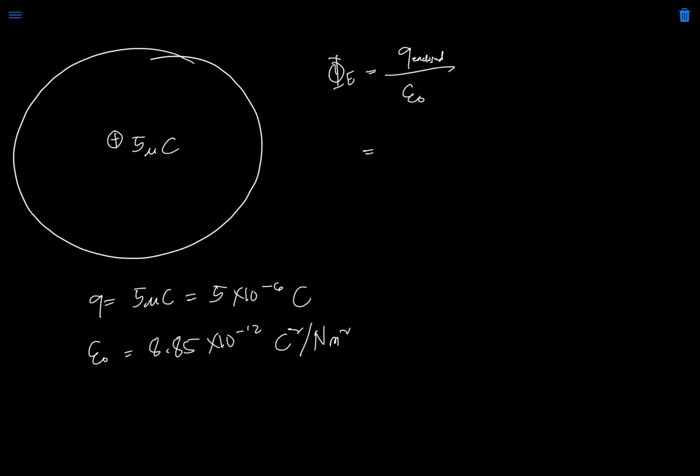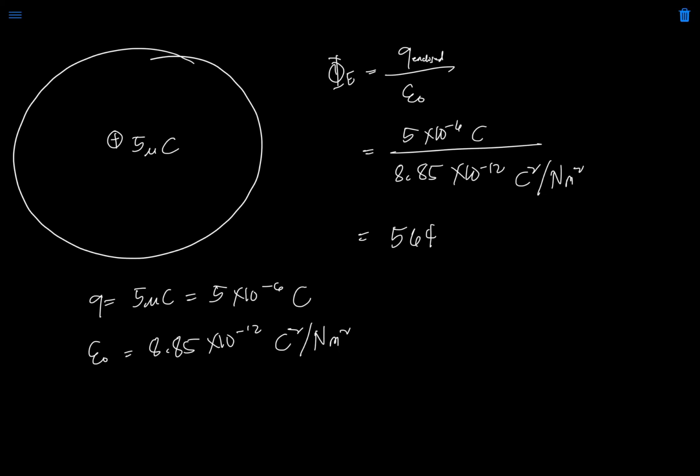Now we can substitute the values into our formula. Our Q enclosed is 5 times 10 raised to negative 6 coulomb divided by 8.85 times 10 raised to negative 12 coulomb squared per newton meter squared. And 5 times 10 raised to negative 6 divided by 8.85 times 10 raised to negative 12 would give you an answer of 564,971.75 newton meter squared per coulomb.